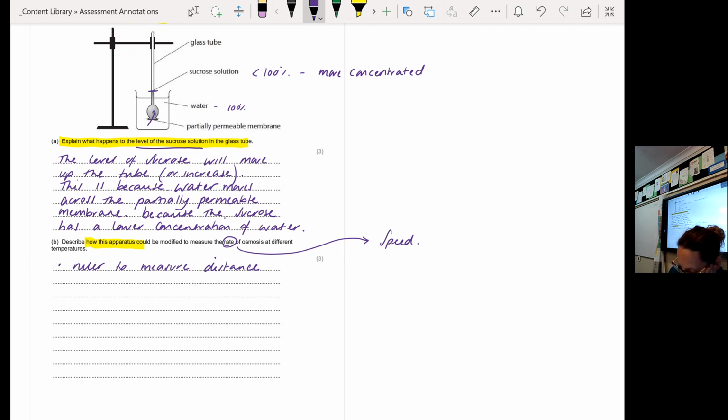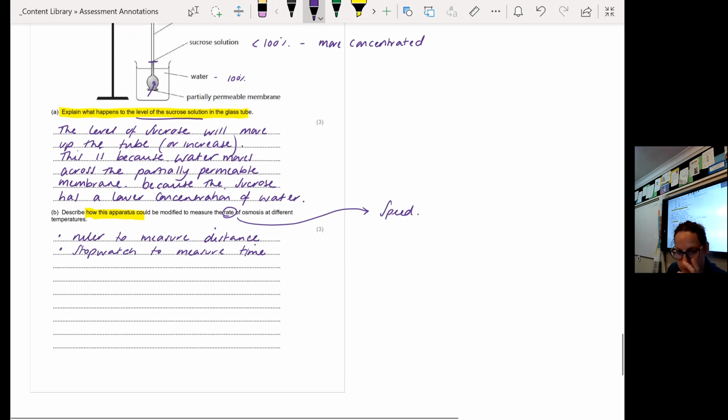A ruler to measure the distance. I would need something to measure the time, so a stopwatch or a timer. Measure time. These are all additional pieces of equipment, or how this equipment can be modified, how I can add to it to calculate the rate, or measure the rate, sorry.